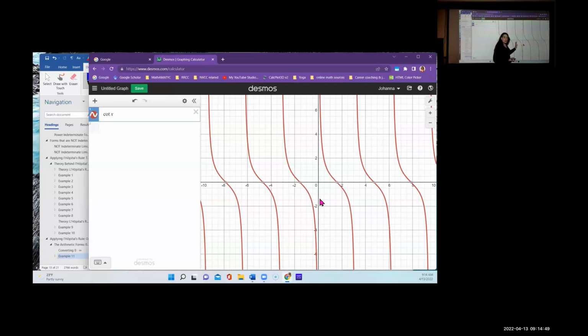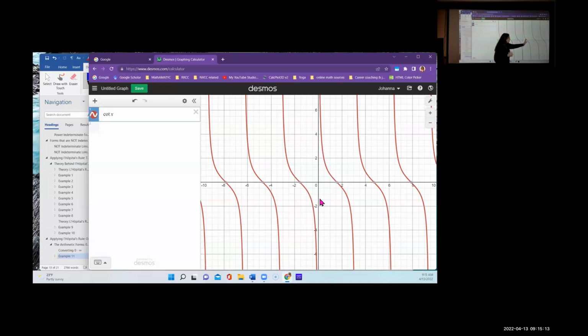And it's phase shifted from what tangent is. Tangent has vertical asymptotes at the odd multiples of pi over 2, whereas cotangent has vertical asymptotes at multiples of pi, 0 and pi.